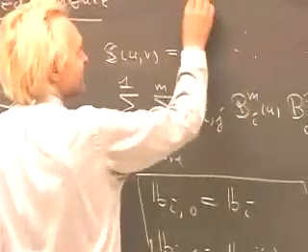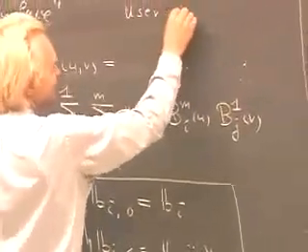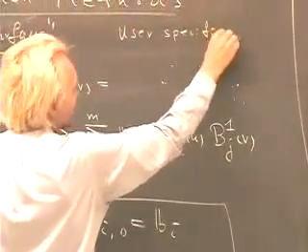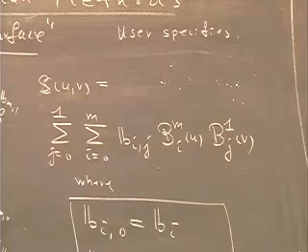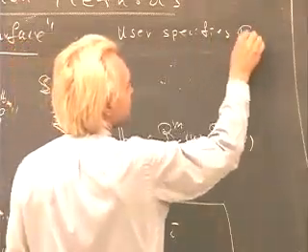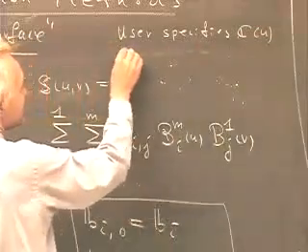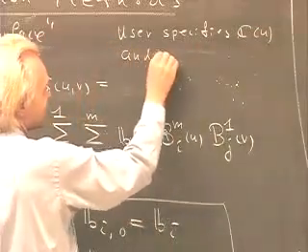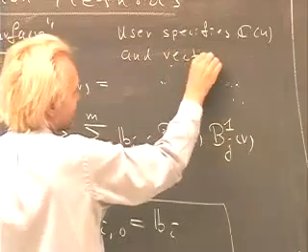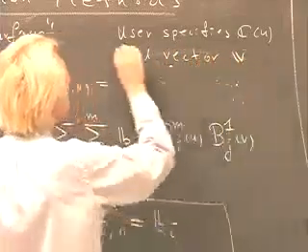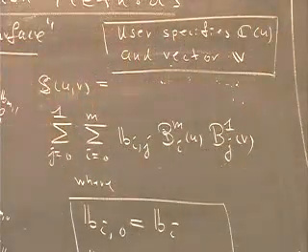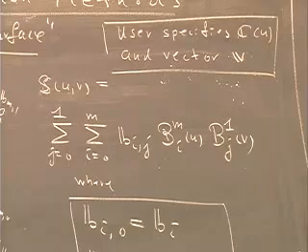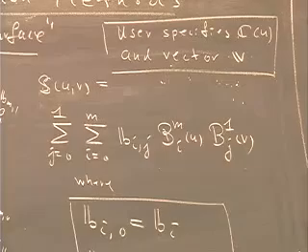So the user specifies this initial curve, C of u, and the extrusion vector V. That's it. Okay. Very simple, powerful, often required surface construction scheme.